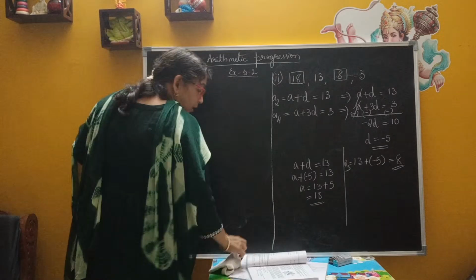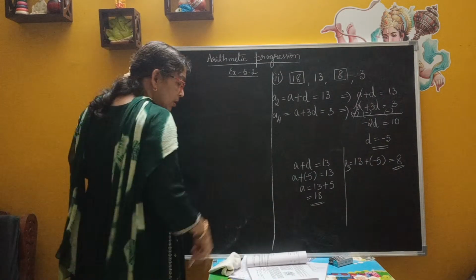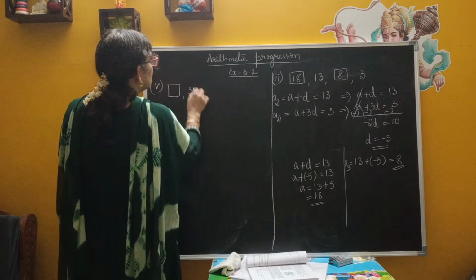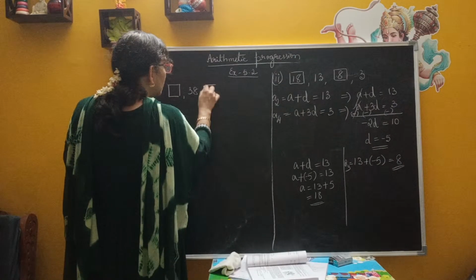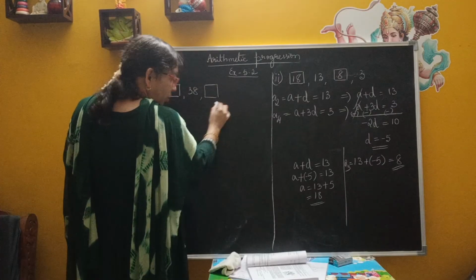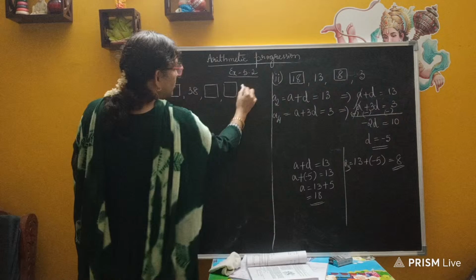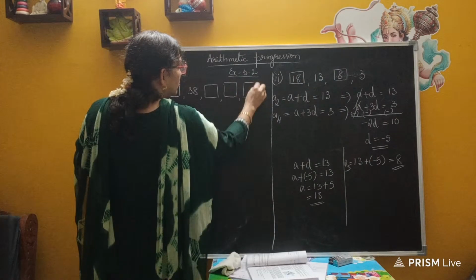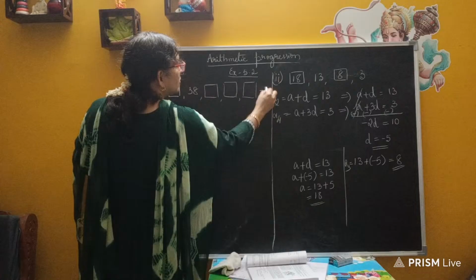The problem is A1 is unknown, then 38, third term A3 unknown, A4 unknown, A5 also unknown, and A6 is given, it is minus 22.